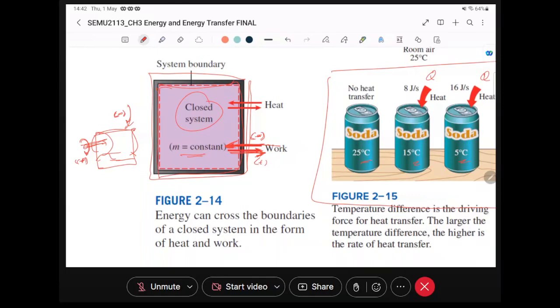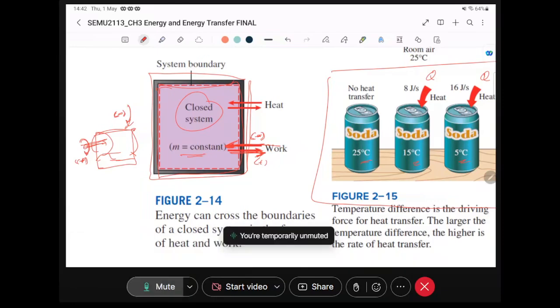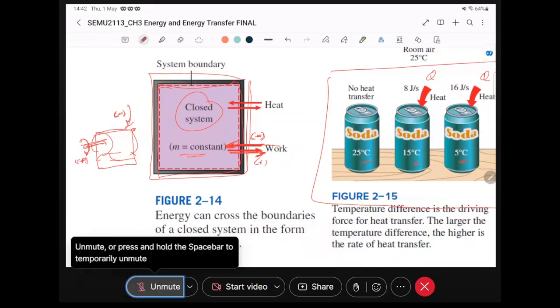It's a sign convention. I do notice that it can be a bit confusing because it's relative to the system itself. I hope that helps.